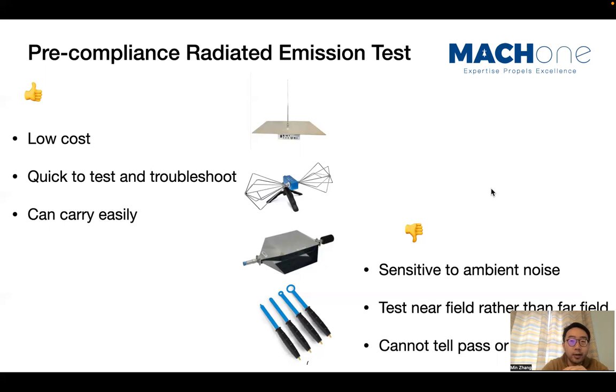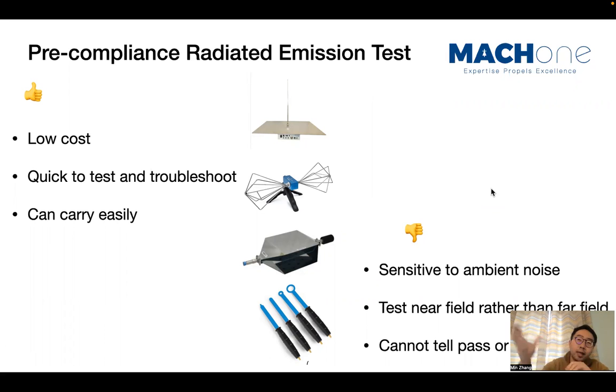Plus, if you have a spectrum analyzer or an oscilloscope, then you can quickly perform a pre-compliance radiated emission test. Of course, the disadvantage of pre-compliance radiated emission tests is, first of all, you are facing very noisy ambient noise, as some of you have probably already experienced when you are trying to measure an emission source, let's say.